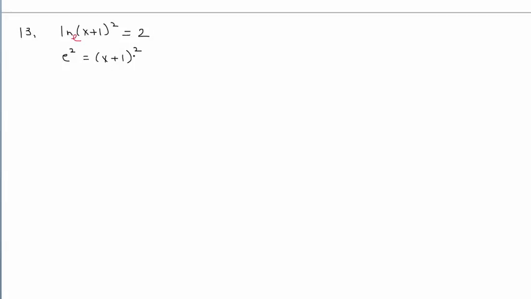I'm not going to FOIL this. I want to extract the square roots. Okay, this result is e.